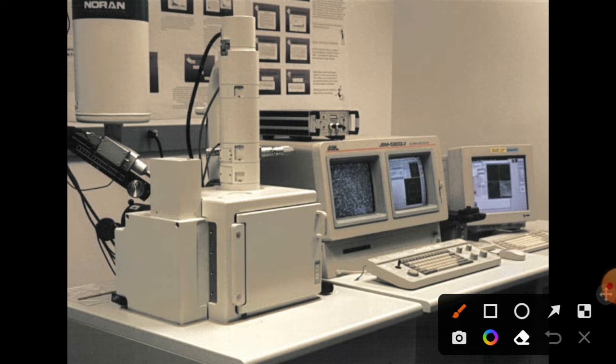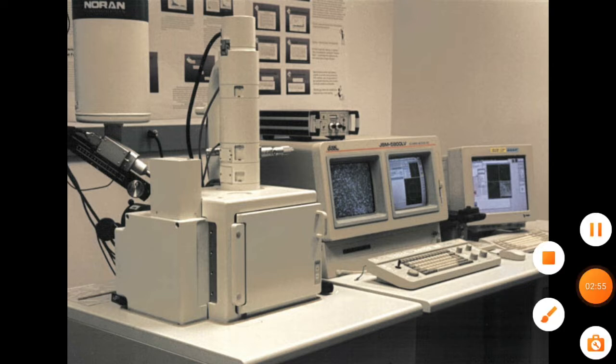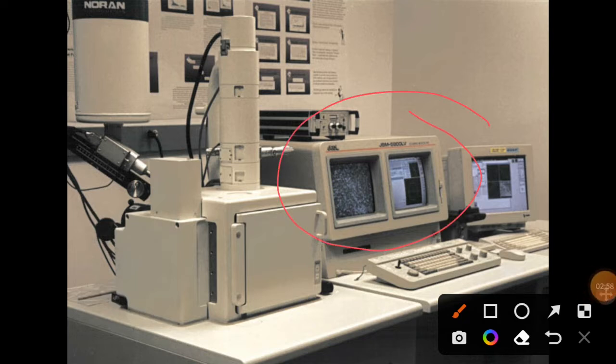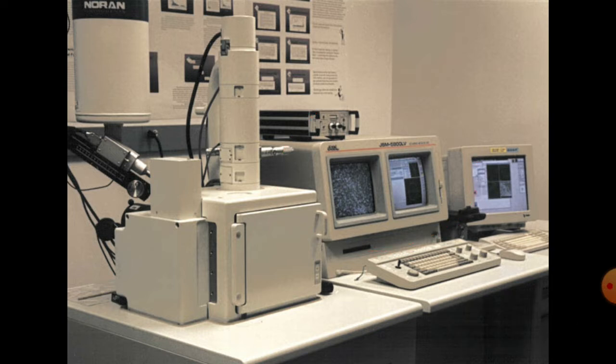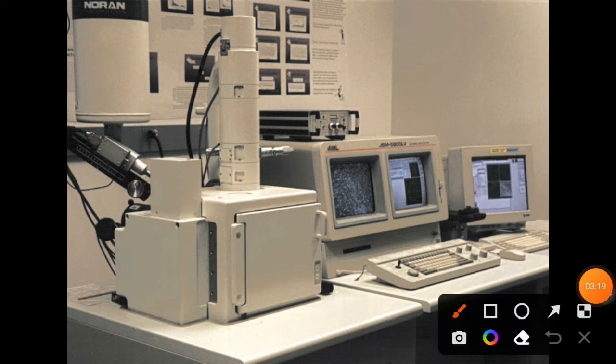We will scan various parts of the specimen, each and every part one by one, and then with the help of computer software, as you can see computers are attached here, we will compile them, and as a result we will get the entire 3D image of the specimen. So now it is clear that SEM will give us good magnification and good resolution along with a 3D image.